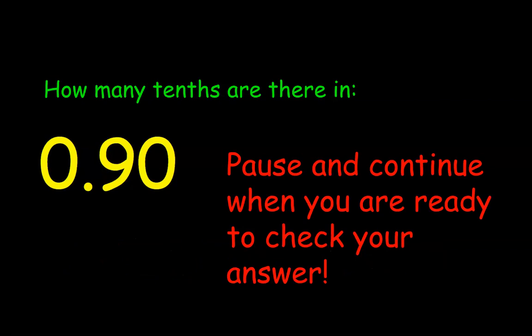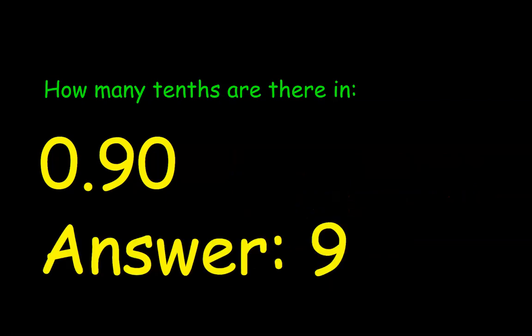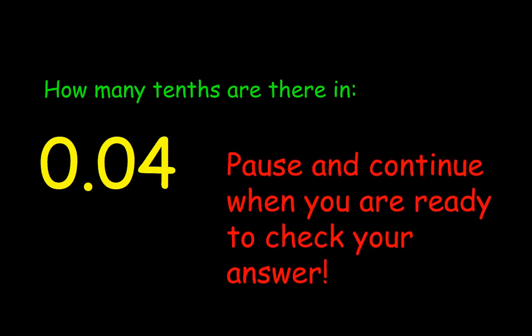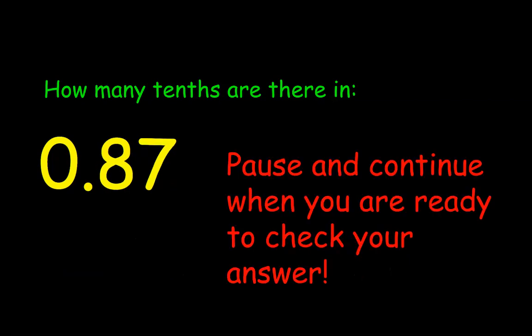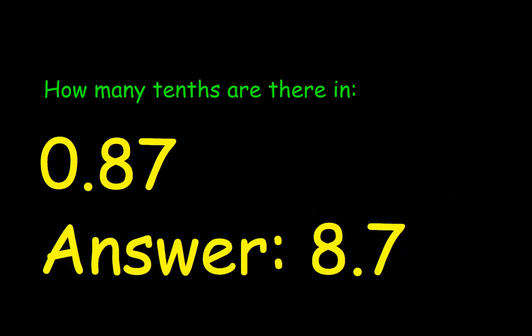How many tenths are there in 0.90? 9. How many tenths are there in 0.04? 0.4. And you could have put 0.40, but yeah, 0.4 is the best answer. How many tenths are there in 0.87? 8.7.